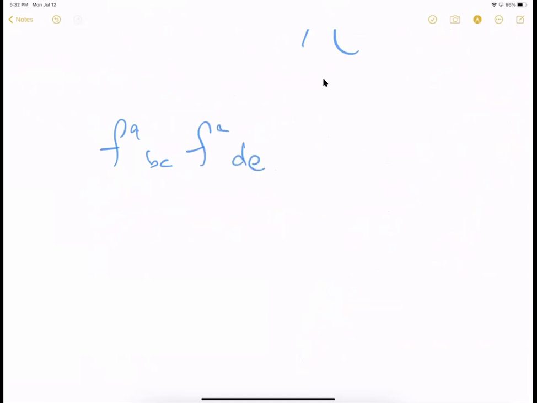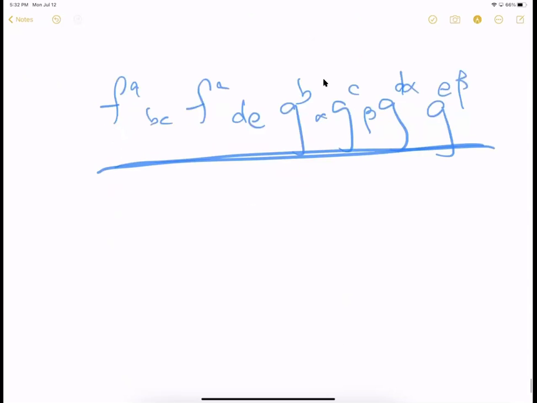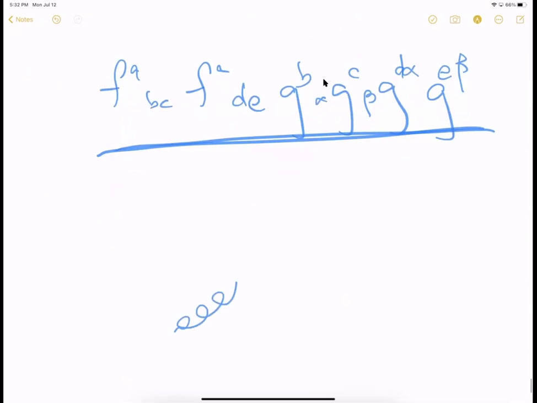That's not all that happens, because you also have, let's say, f^ABC, f^ADE with G_B^alpha, G_C^beta, G_D^alpha, G_E^beta, with various anti-symmetrizations happening here. This is a 4-gluon interaction. So we also have a Feynman diagram that looks like this.